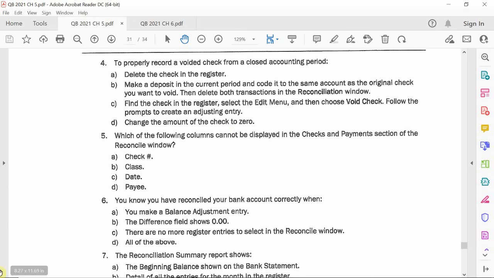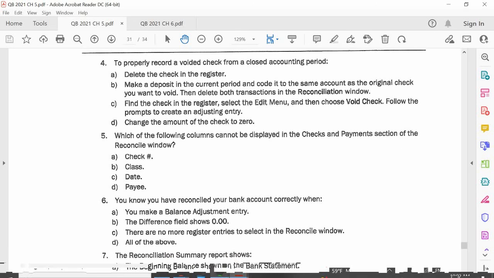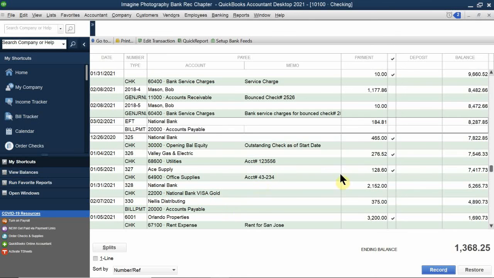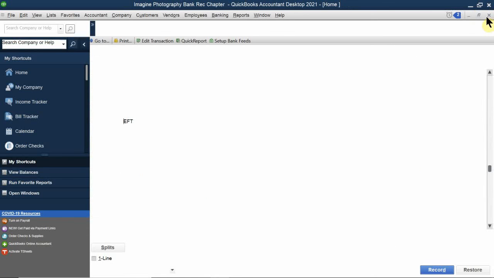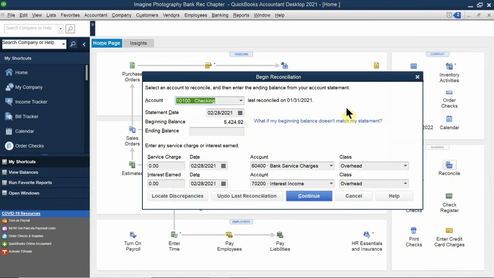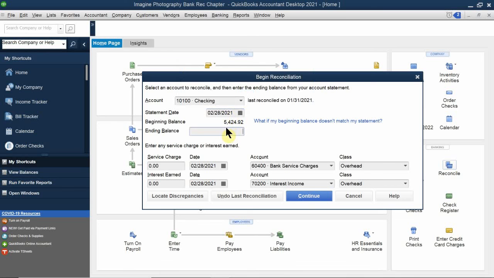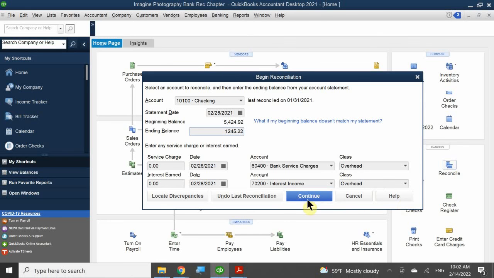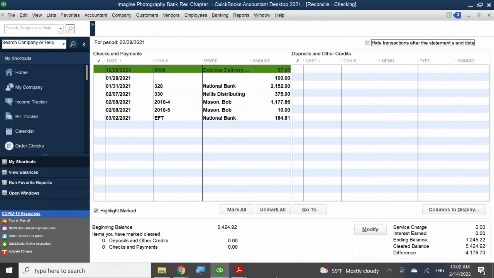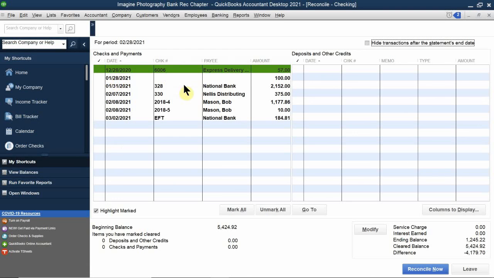So this question is asking, when you're in the reconciliation window, what column is not displayed?